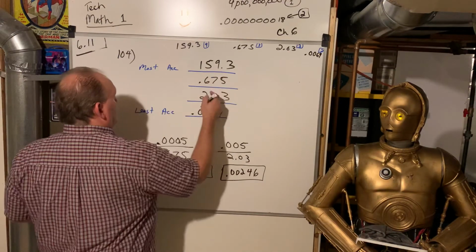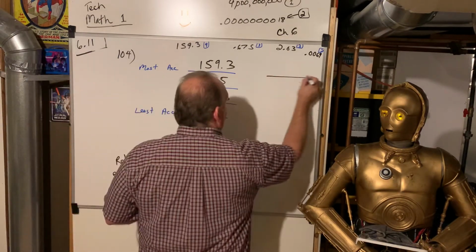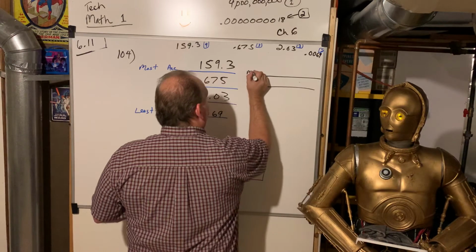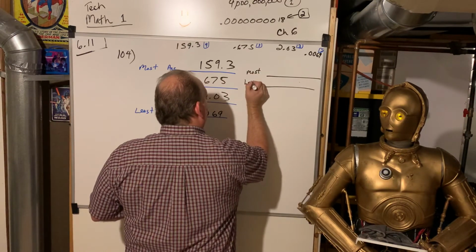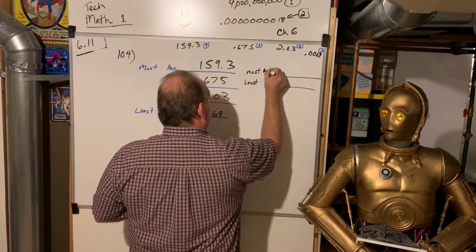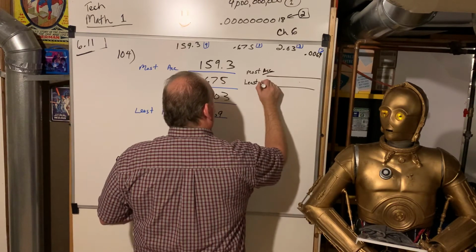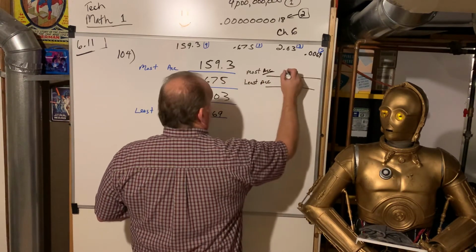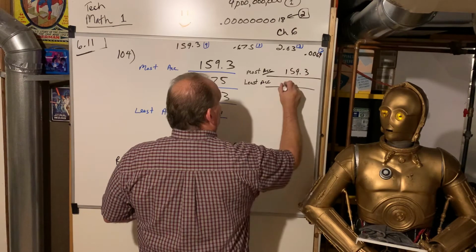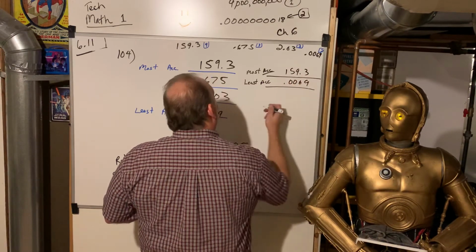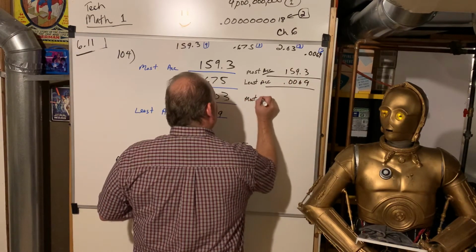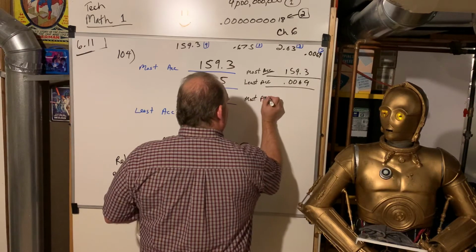They wanted the most accurate and the least accurate, which is 159.3 and 0.0069. And then they wanted the most precise and least precise.